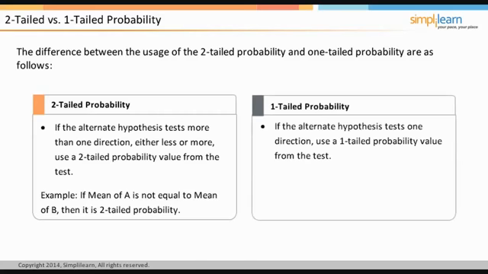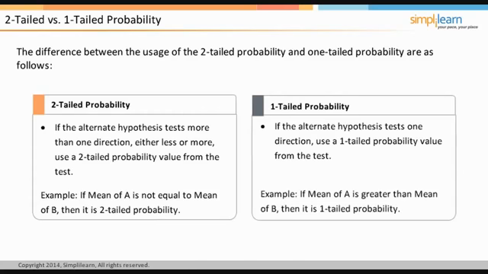If the alternate hypothesis tests only one direction, use a one-tailed probability value from the test. Example, if mean of A is greater than mean of B, then it is one-tailed probability. In the next screen, let us look at the two-sample independent t-test results and interpretations.